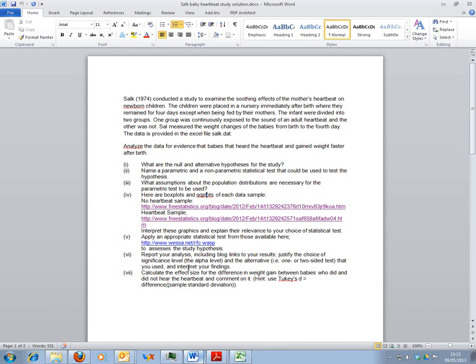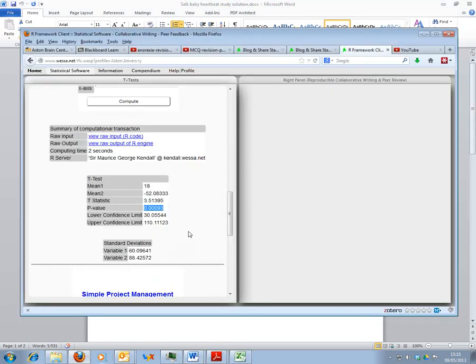Now, to do the effect size calculation, it tells you what to do here. It says calculate d, which is simply the difference in means divided by the standard deviation. Tricky bit of this, of course, is the difference here is 70, isn't it? 70 grams.